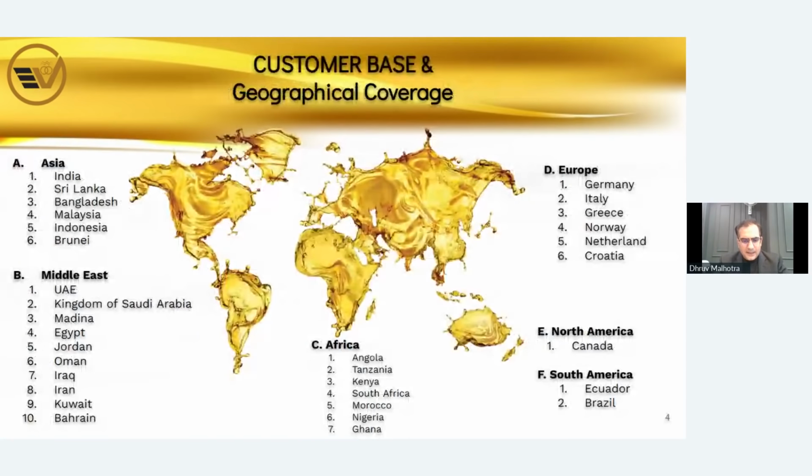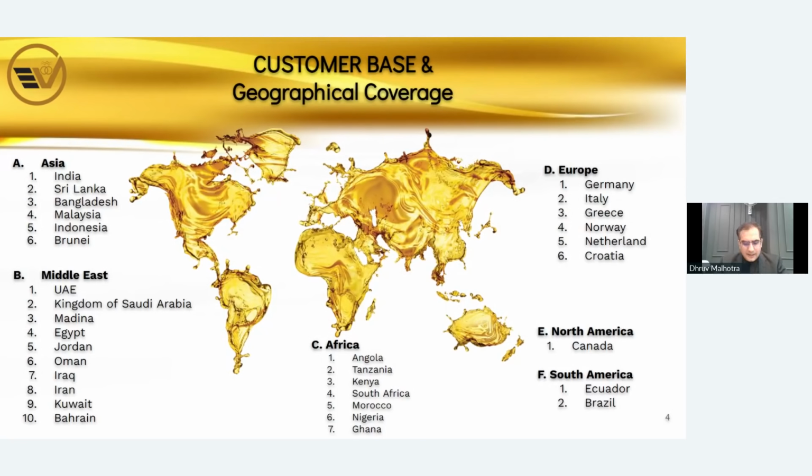Coming to the next slide, our customer base all around in various continents. We have just highlighted which countries we are present in. As I told you, we are present in more than 29 countries, with our customer base all around the globe.